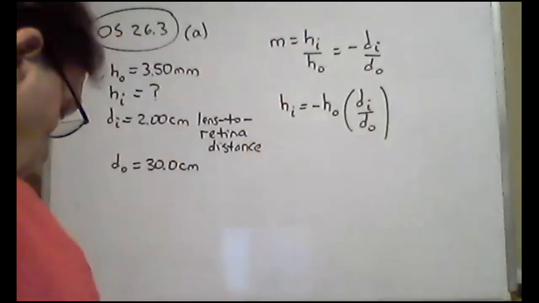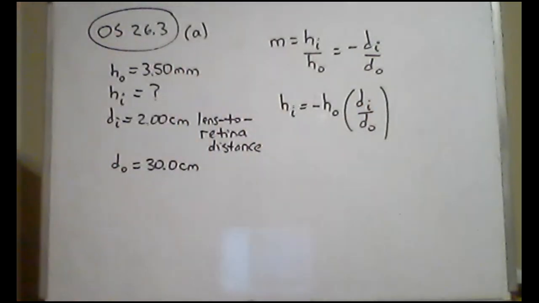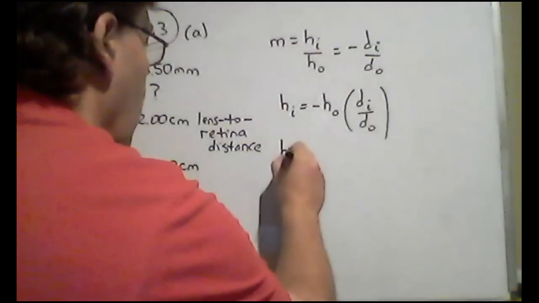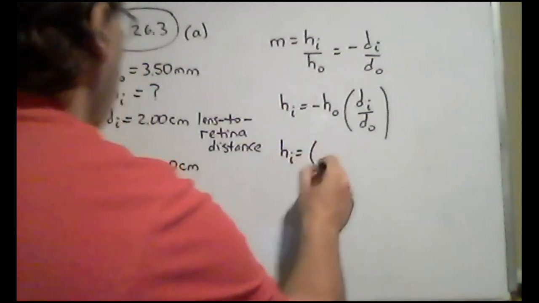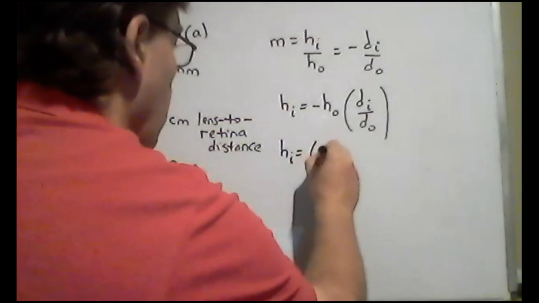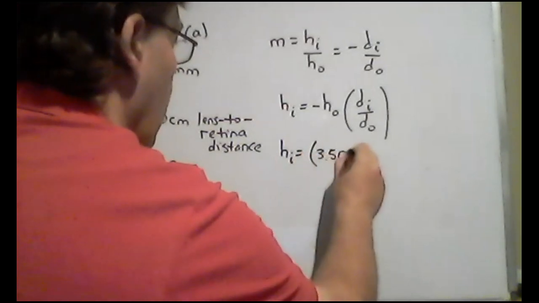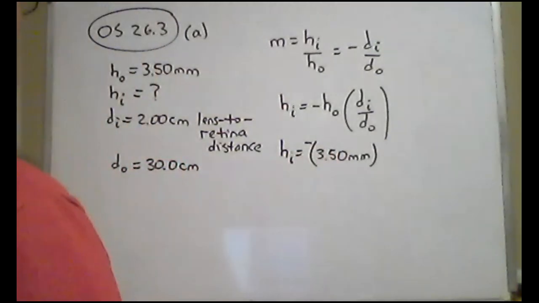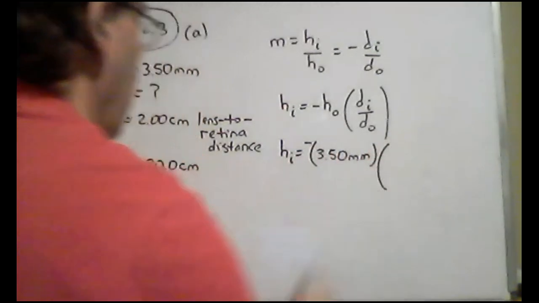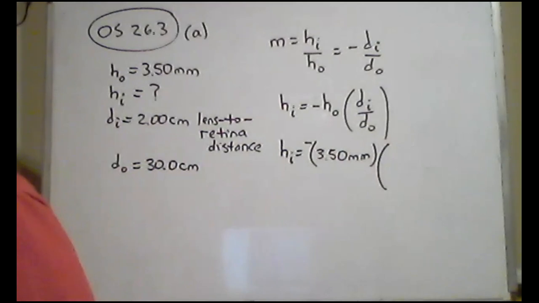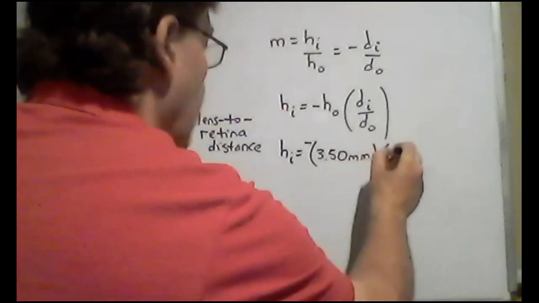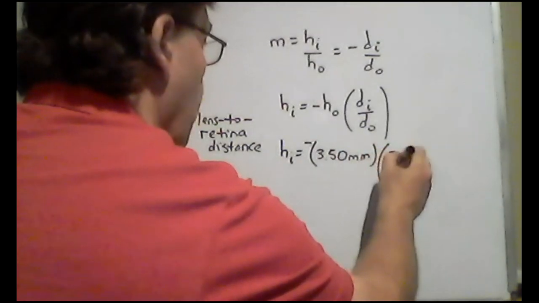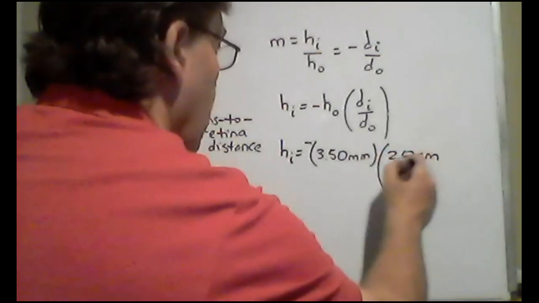Plug numbers in now. So we have that H sub I is going to be 3.50 millimeters. Got my negative sign here. D sub I is the lens to retina distance inside of the eye. That's going to be 2.0 centimeters.